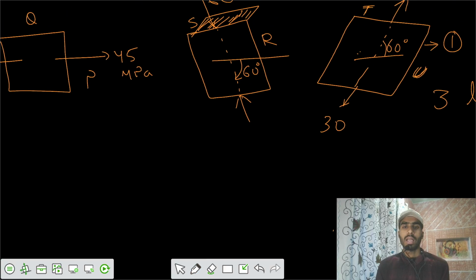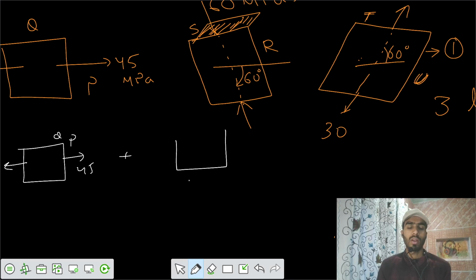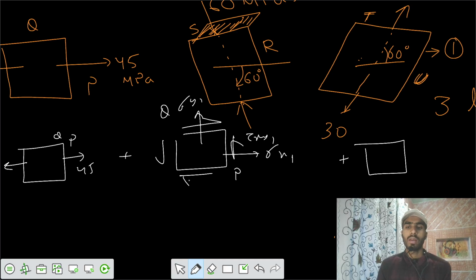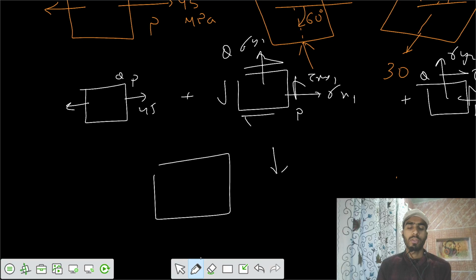Then if we transform them into the standard P and Q planes, we can write them in this fashion: 45 acting on plane P and Q, plus some sigma x1, sigma y1 and tau xy1, plus some state of stress acting on plane P and Q with tau xy2, sigma x2, and sigma y2, such that the overall value is sigma x, sigma y, and tau xy.